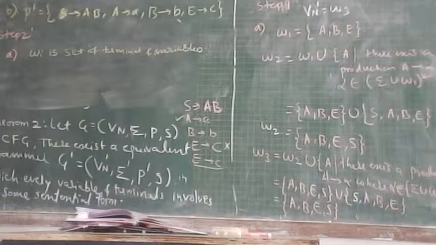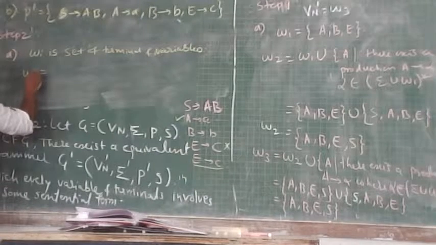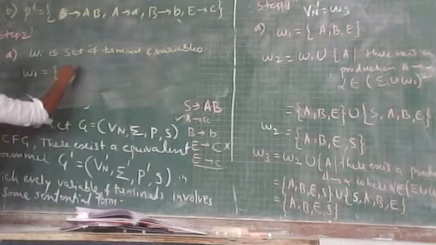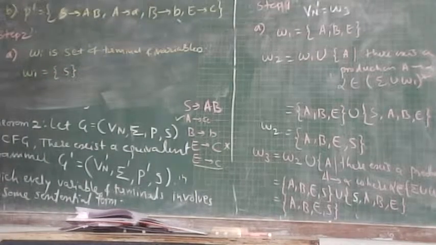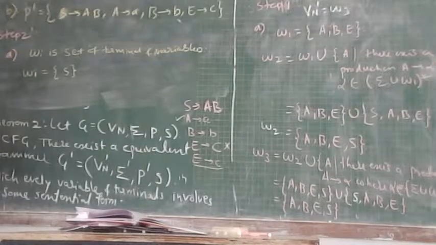But in this step, the Wi I am considering as a set of terminals and variables, where Wi, initially W1, I am considering as the start symbol. W1 I am having as the start symbol in my grammar, and the start symbol gives me the point where I start my derivation. So in W1 I am immediately adding the variable S.